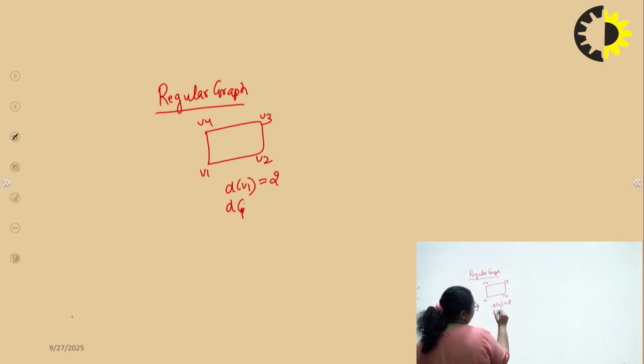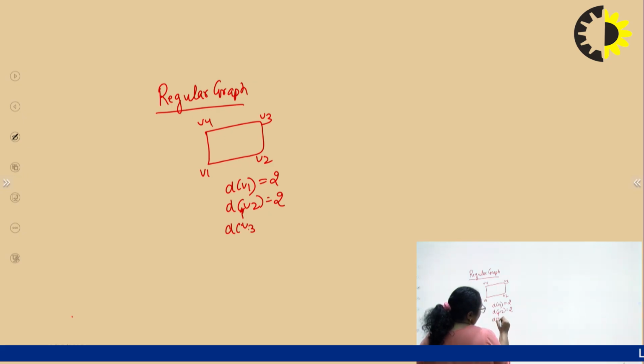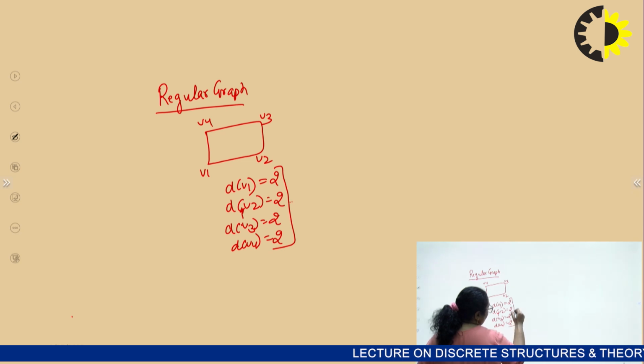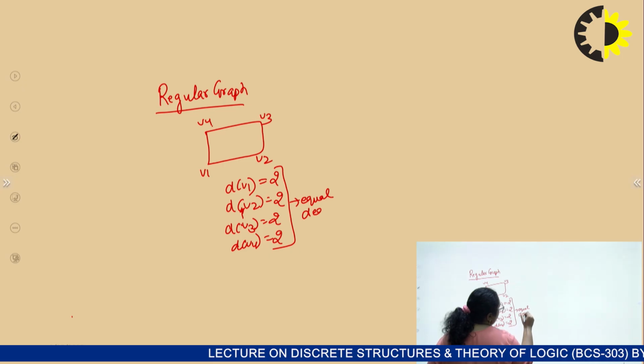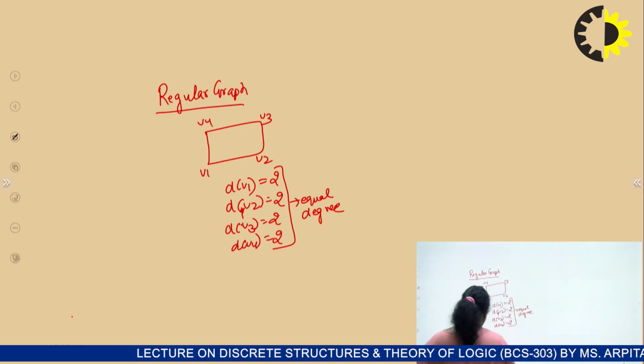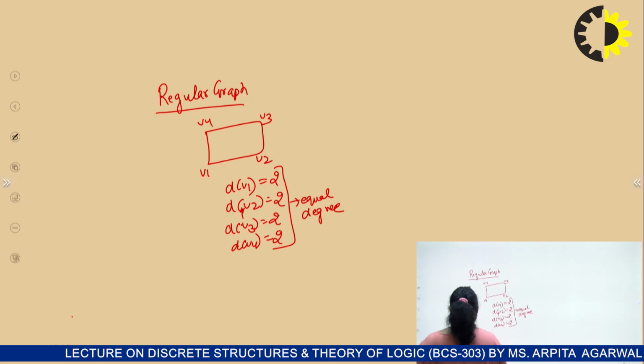The degree of V2 is again 2, V3 is again 2, and V4 is 2. So all the vertices have equal degree. Such a graph is a regular graph.